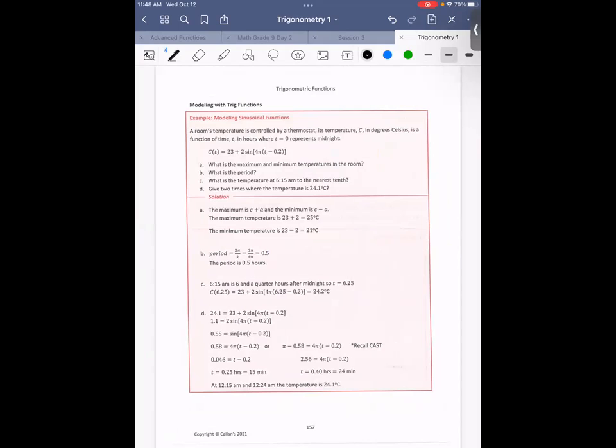Or in this example, based on sine, you build a new function which is equal to 23 plus 2 times sine of 4 pi times t minus whatever. So, for example, if you want to draw this graph, you first draw sine of t minus 0.2.